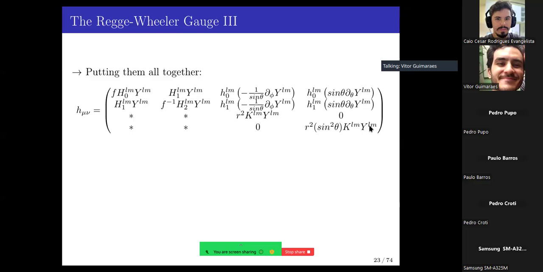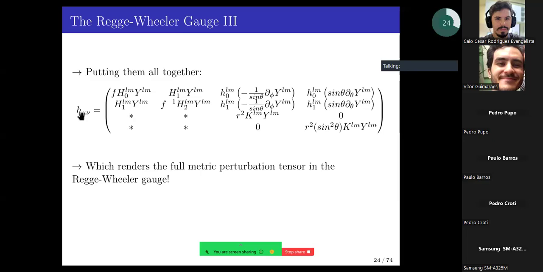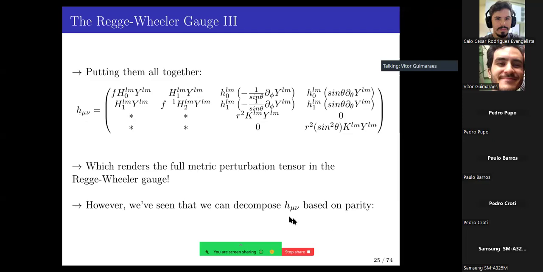Okay, so remember that we saw that we can decompose this into an odd and an even part, following the same reasoning that we used earlier. This is the full metric perturbation in the Regge-Wheeler gauge, but we've seen that we can decompose h mu nu based on parity into odd and even parts.